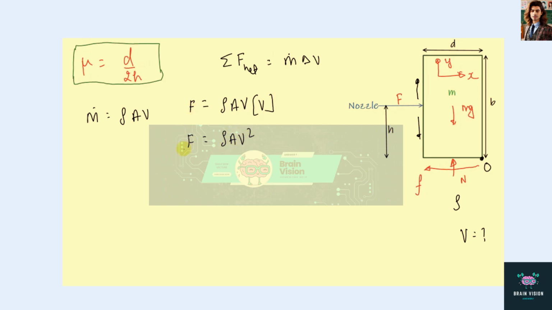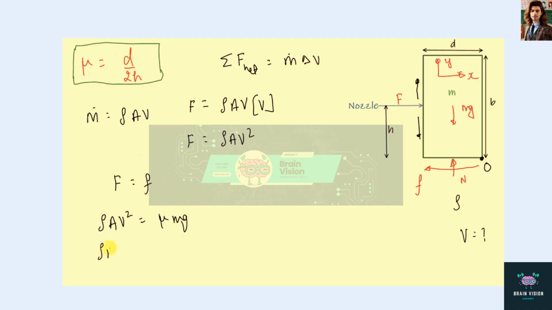So this is the expression for the force F, and we know that force F equals the friction force F that we derived in the last part. So this would be equal to the density times area times v square, and this was equal to mu mg, and mu we know is d over 2h.